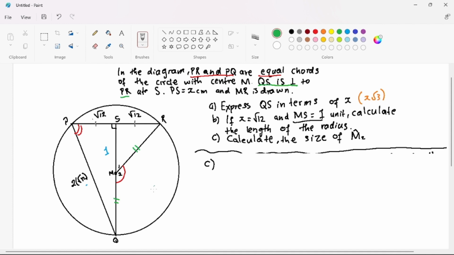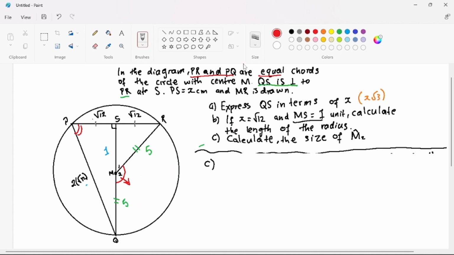Let me first insert our radius here, which is 5, and this also is going to be 5. So they are saying calculate the size of M2. Our M2 is that angle that is subtended by this arc at the center.